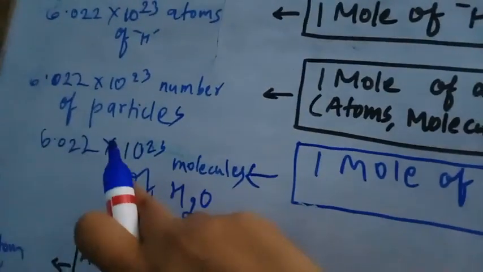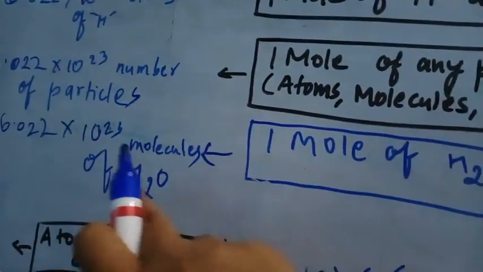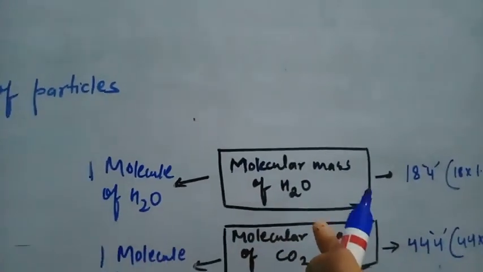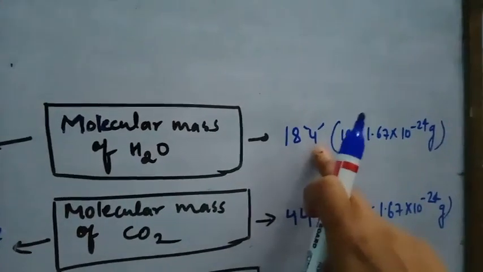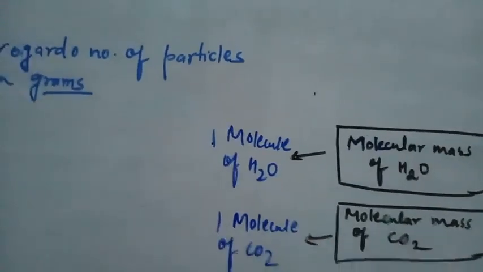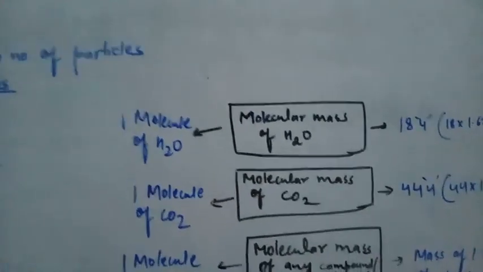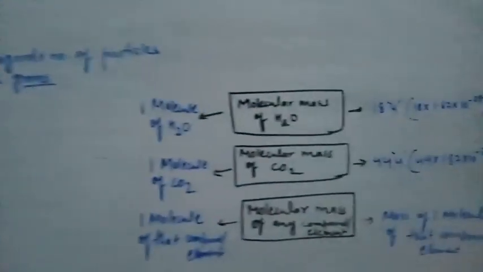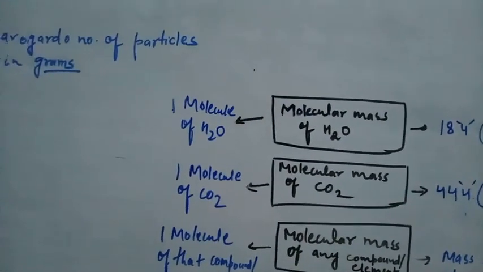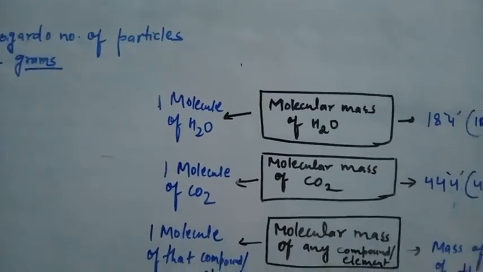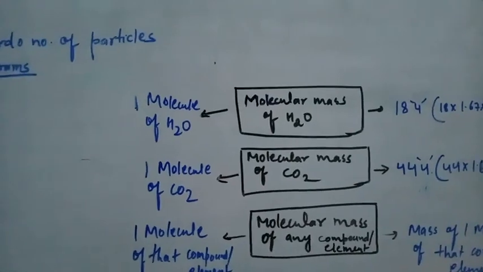Mass of 6.022 into 10 to power 23 molecules of water. Whereas molecular mass of water represents 18 U, and it is the mass of 1 molecule of water only. So this flow chart will help you in solving the questions that we are now going to discuss today.